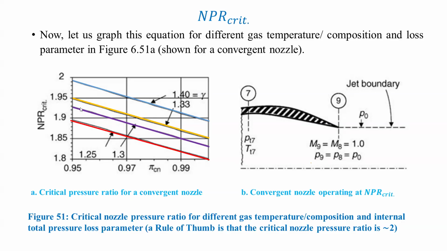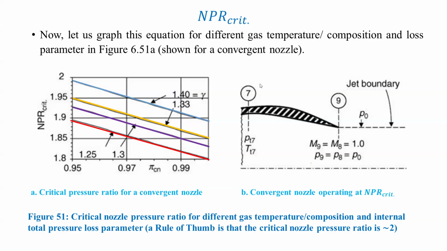You see the NPR critical is on the vertical axis from 1.8 up to 2, and the pressure ratio, the critical nozzle pressure ratio, is already given here from 0.95 up to 1, and the gamma values are 1.4, 1.33, 1.3, 1.25. So these are different gamma values for hot gas.